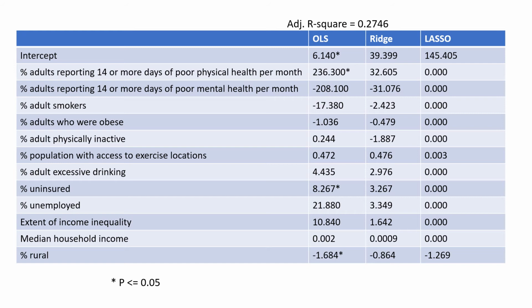So, as you can see from this table, results from ridge regression may make more sense than results from ordinary least square regression, and results from LASSO may make more sense than the ridge regression and the ordinary least square regression.